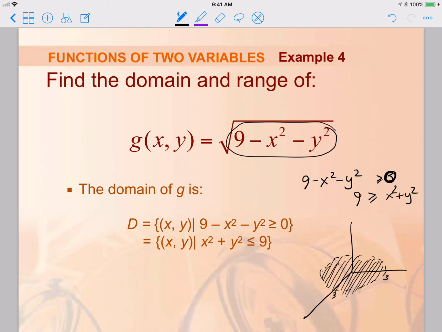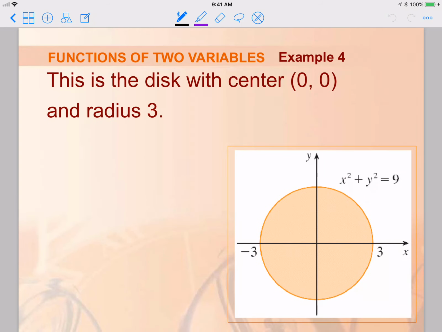So that's the domain. Now how about the range? If you take the square root of a number, it's never going to be negative, so it's always greater than or equal to 0. On the other hand, it's going to be less than or equal to the square root of 9. So our range is between 0 and 3.